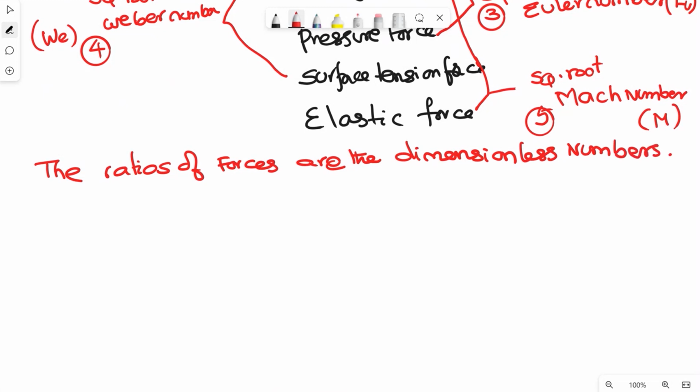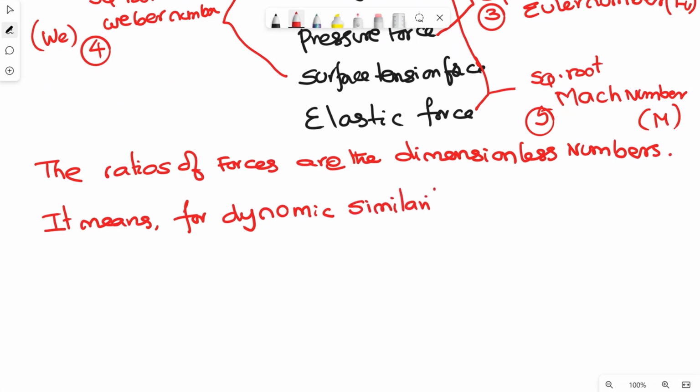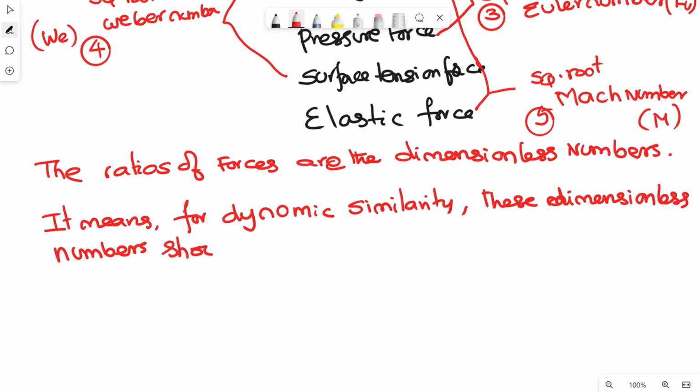That means for dynamic similarity between the model and the prototype, these dimensionless numbers should be the same for the model and prototype.